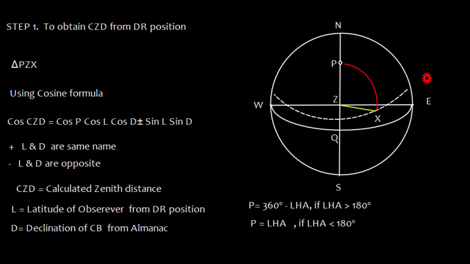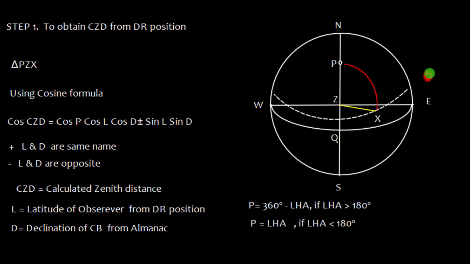This is the declination circle, the dotted line, and the celestial body is going to move along this declination circle in 24 hours. It is rising like this here, and there is a meridian passage, that is the noon time, and the body is going to set like this. That is how the sun is going to move, or in fact any other celestial body.